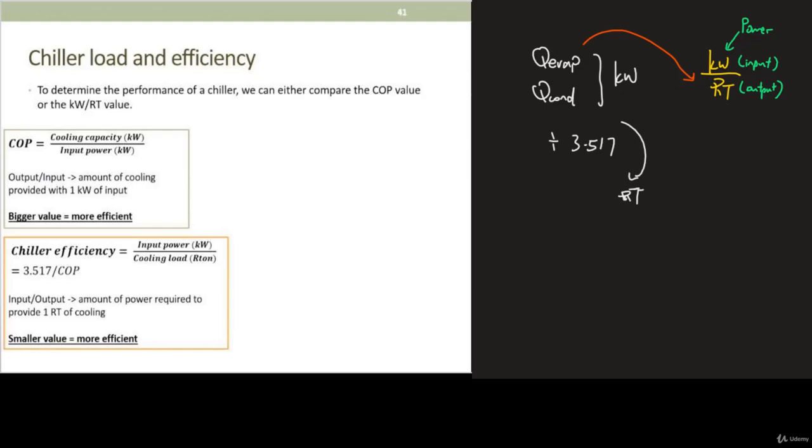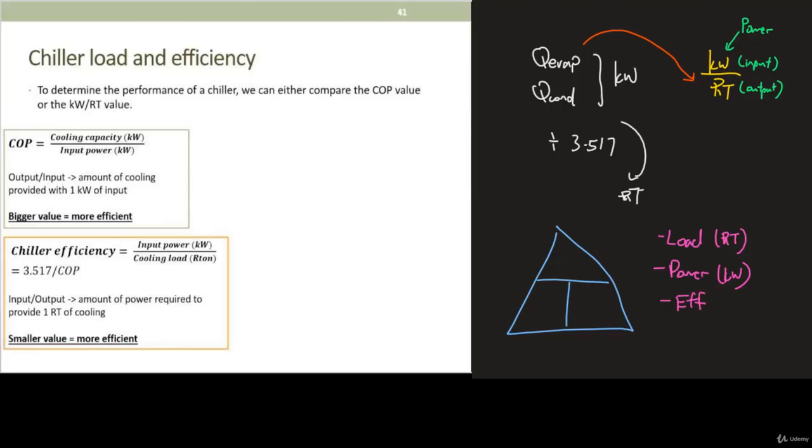If you want to represent this as a formula, remember we used to learn distance is equal to speed multiplied by time. Similarly, in this case, the three terms we have are load in terms of ton, power input in terms of kilowatts, and efficiency in terms of kilowatt per ton.